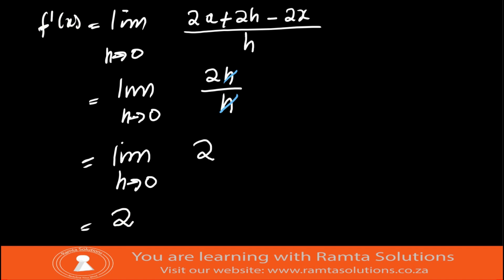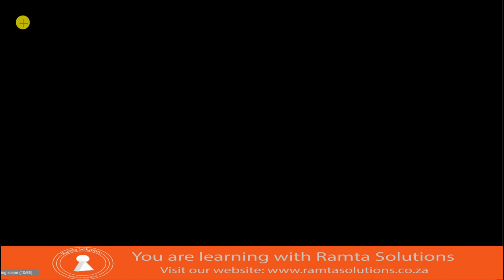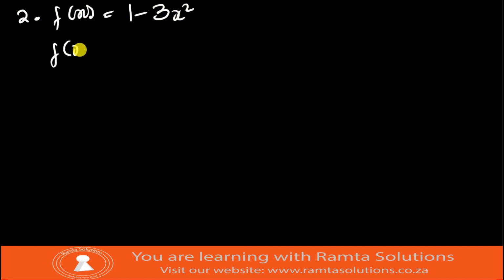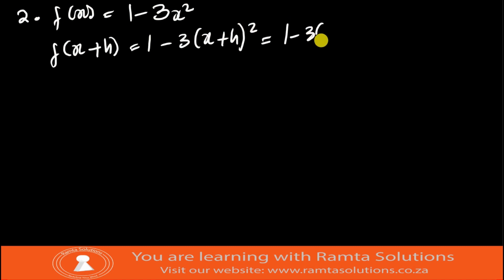Now let's get to number 2. Number 2 was f of x equals 1 minus 3x squared. Now f of x plus h will be 1 minus 3 into x plus h squared. This would be 1 minus 3 into x squared plus 2xh plus h squared.